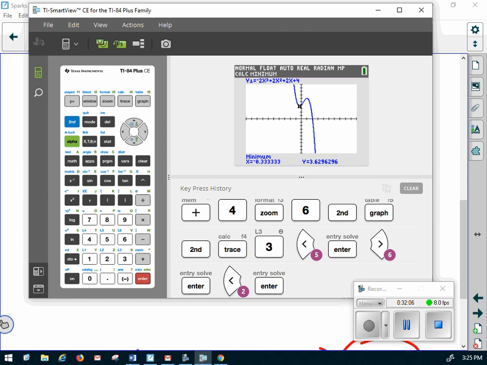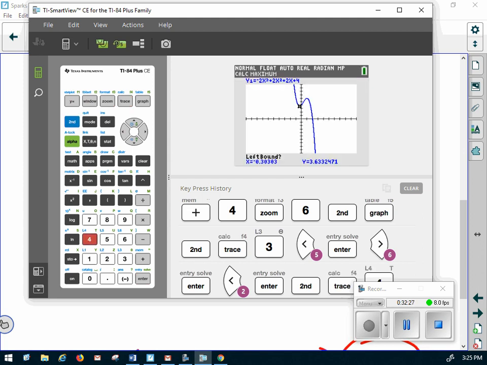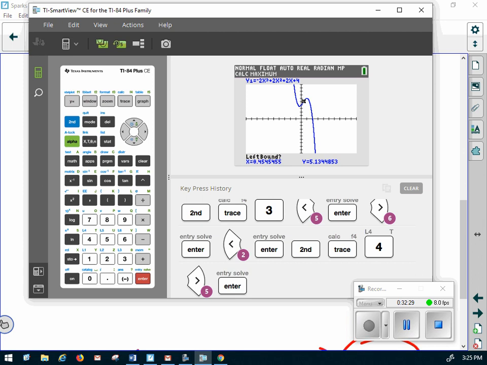Okay, I'm going to have to write those down. Negative 1/3 and 3.629, 3.630. That's my relative min. And then that relative max is 1/6. Well, that's easy.